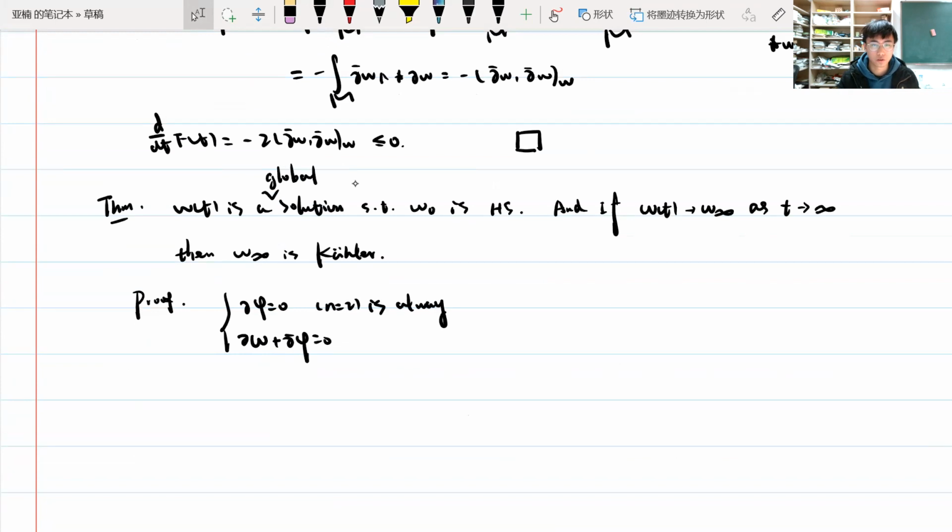The first equation is always satisfied because phi is a 2,0 form, and if phi equals 0 or phi is closed, then omega is chiral.